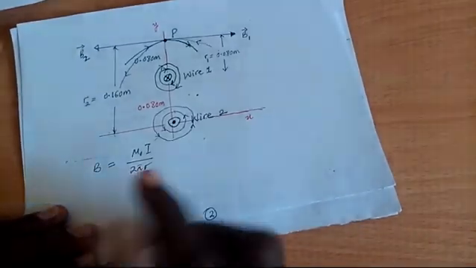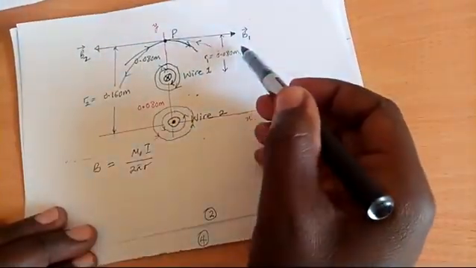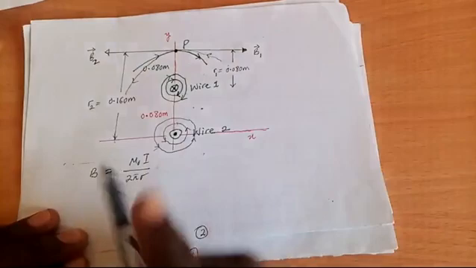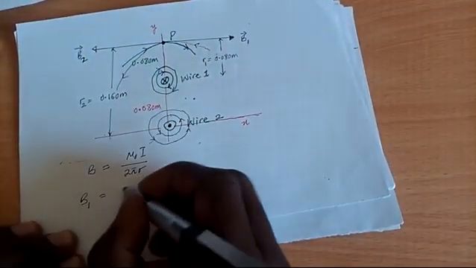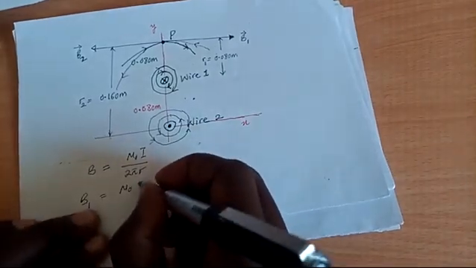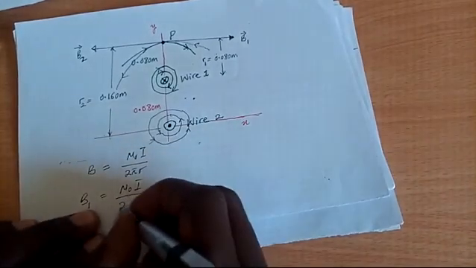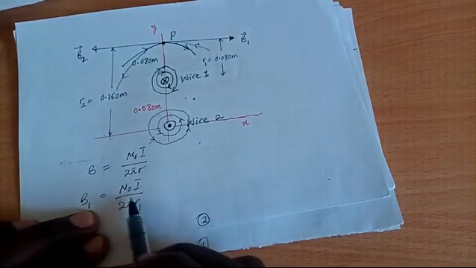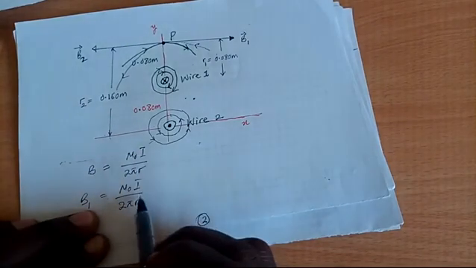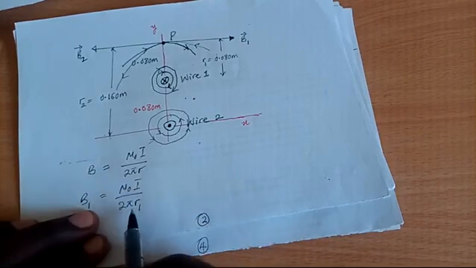So if we apply this formula to B1, B1 is equal to mu naught I divided by 2 pi r1. Everything is the same because they carry the same current, so they only differ in R1.